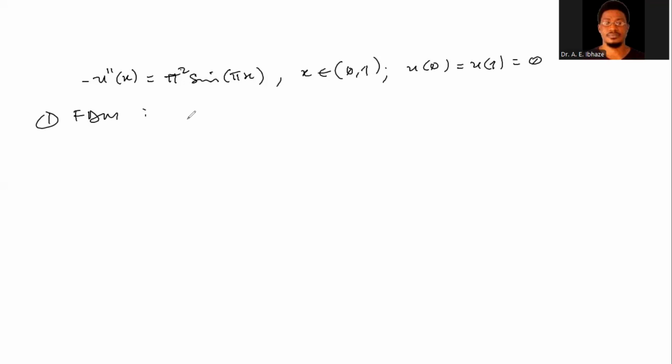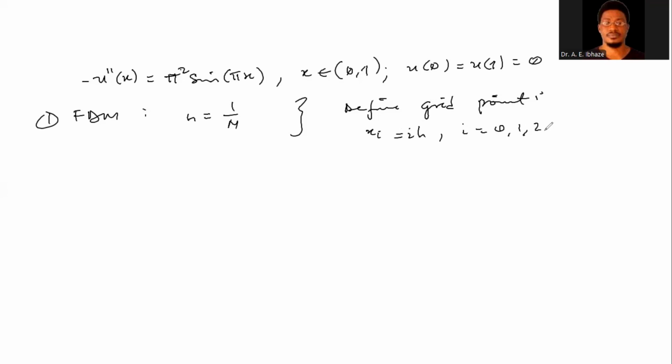Therefore, the step size h will be the same as 1 over n. Okay? And then we define the grid points. So if we define the grid points to be x sub i being the same as i times h, then i will take on values from 0, 1, 2, all the way to n.